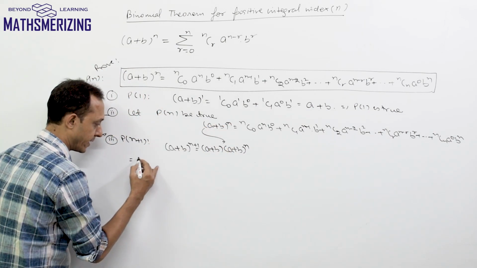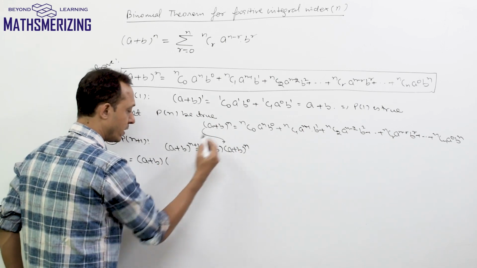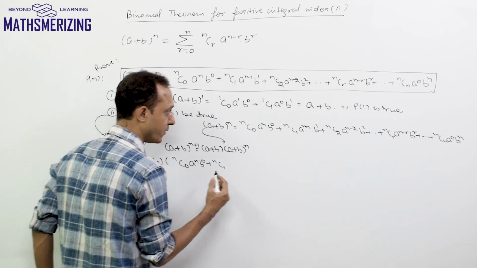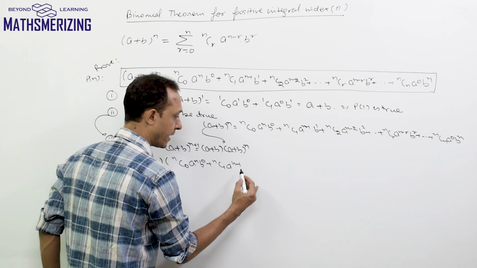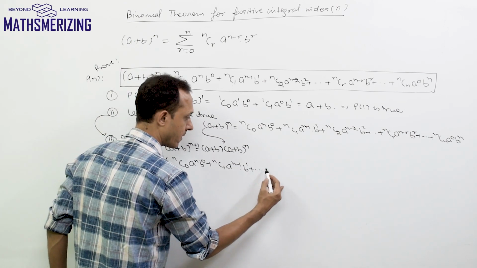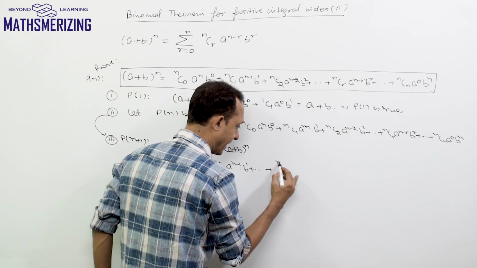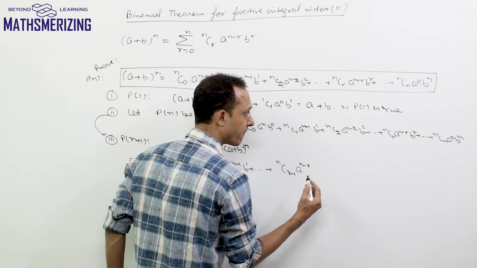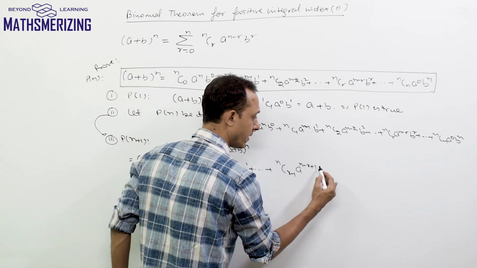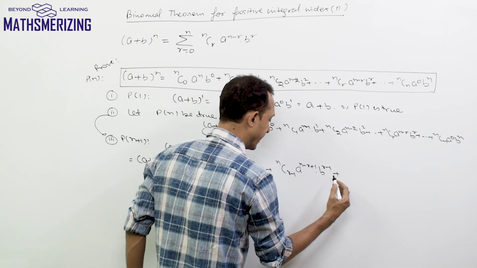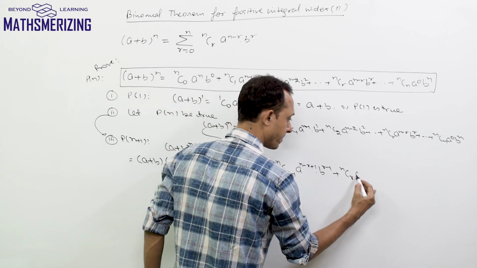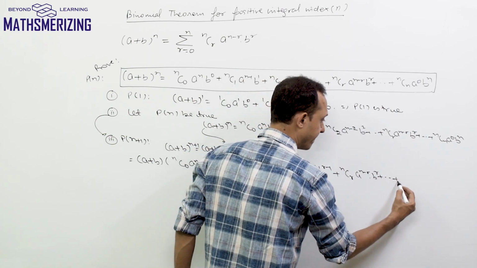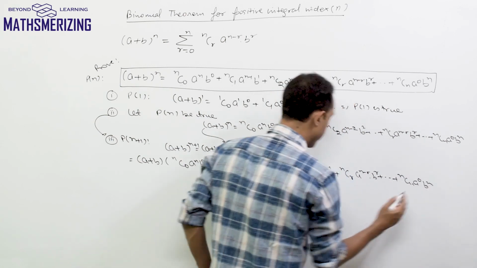So I write it as (a + b) into nC0 a^n b^0 + nC1 a^(n-1) b^1, and then I'll write two terms here: nC(r-1) a^(n-r+1) b^(r-1), and then nCr a^(n-r) b^r, and then finally nCn a^0 b^n.